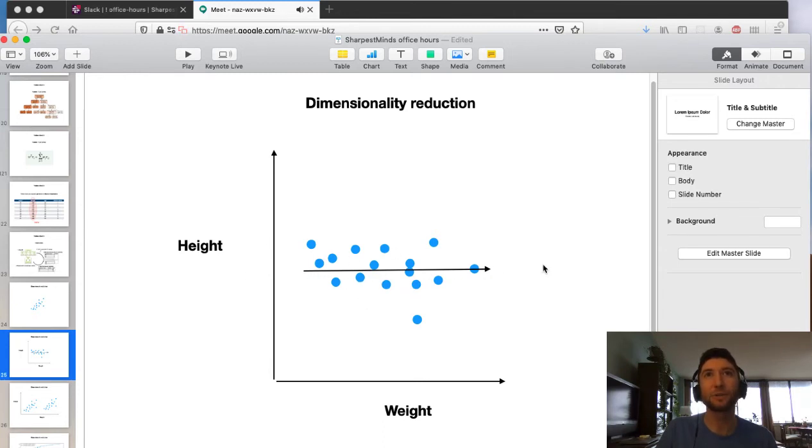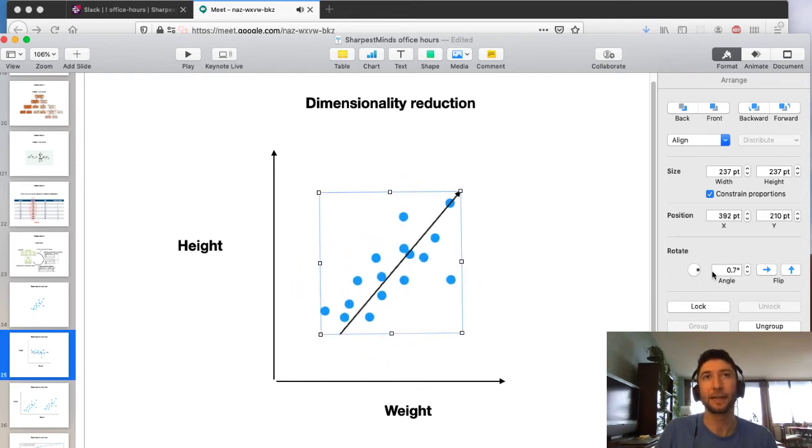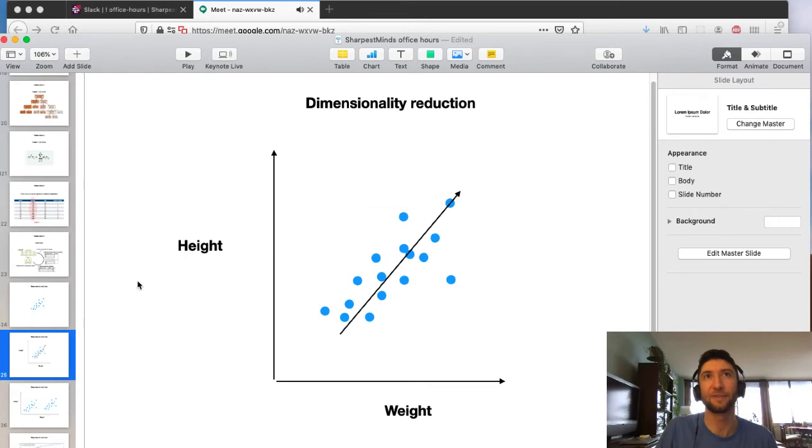Pretty much all the interesting spread is happening along the weight axis. So this principal component, this new axis, ends up just being the weight axis. So this is a special case where you can say things like, yep, it seems like weight is the thing that matters, whereas in this case, it's a 50-50 mix, roughly speaking, of both. I hope that made some amount of sense.